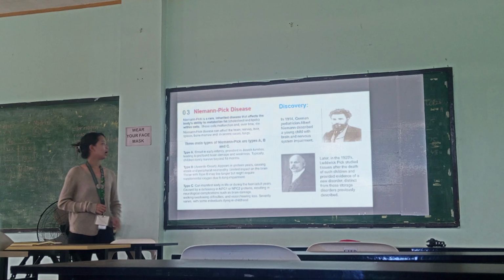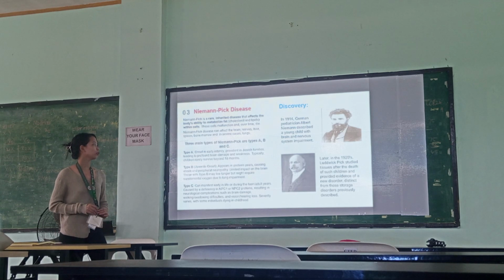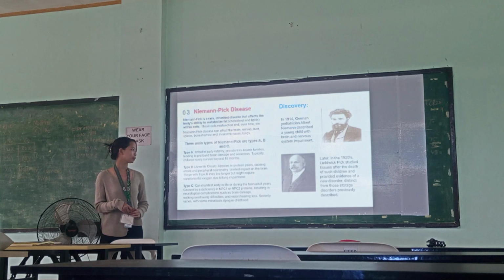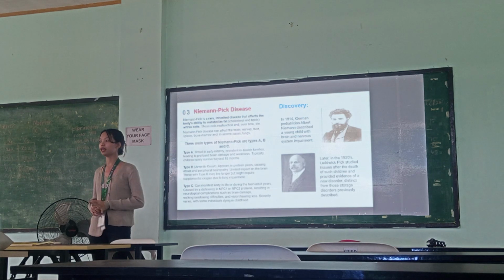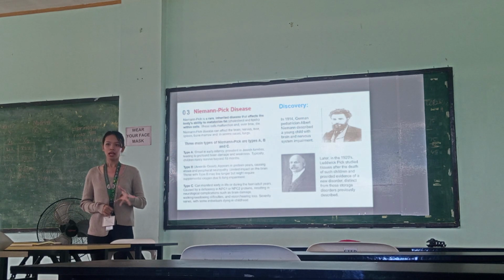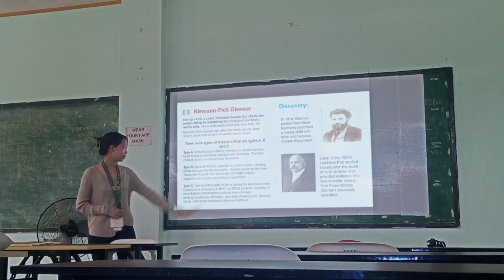Ayan, meron itong 3 main types. Ito yung type A, type B, and type C. So type A, onset in early infancy. Kagaya na nabanggit ni Mr. kanina, onset, ibig sabihin, doon mas nag-o-occur na develop.